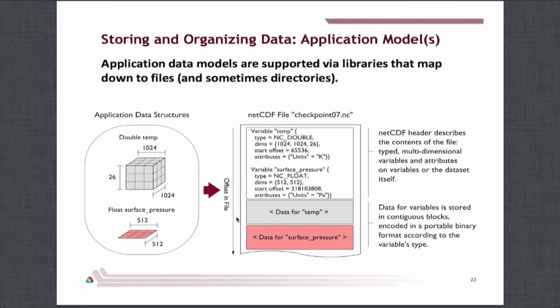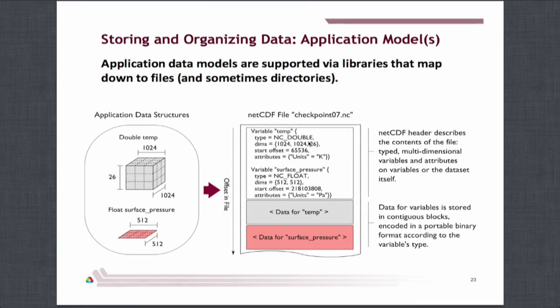Now, going back up to the application level, this example is showing parallel netCDF, which Rob will be talking about more later. In this case, there are 2 variables. One of them is 3D and one of them is 2D. You're going to express them in a way that is a little more sensible in that regard.